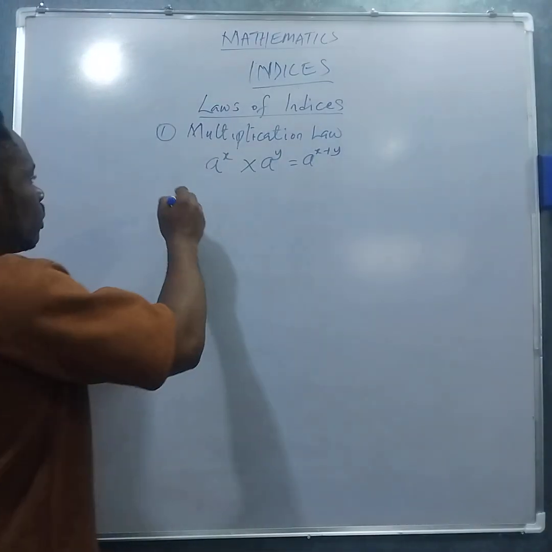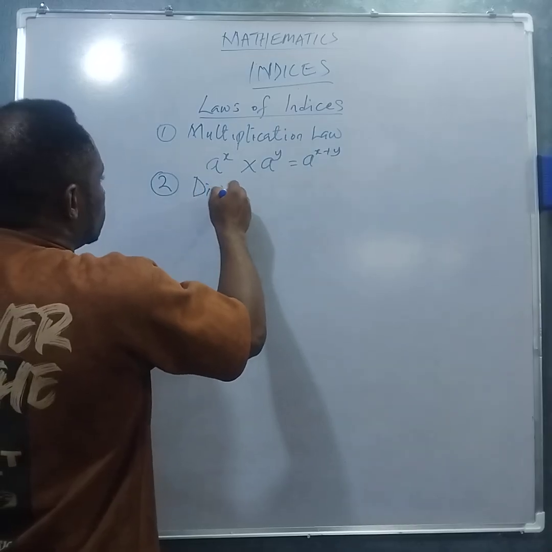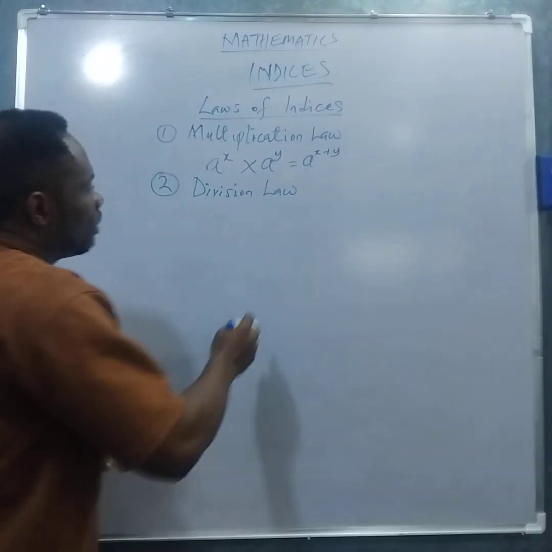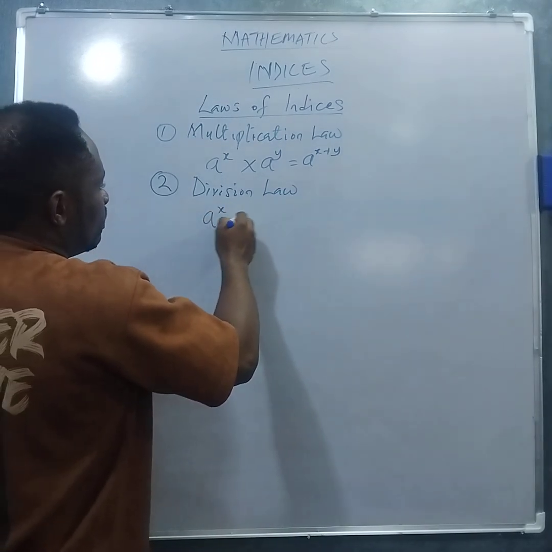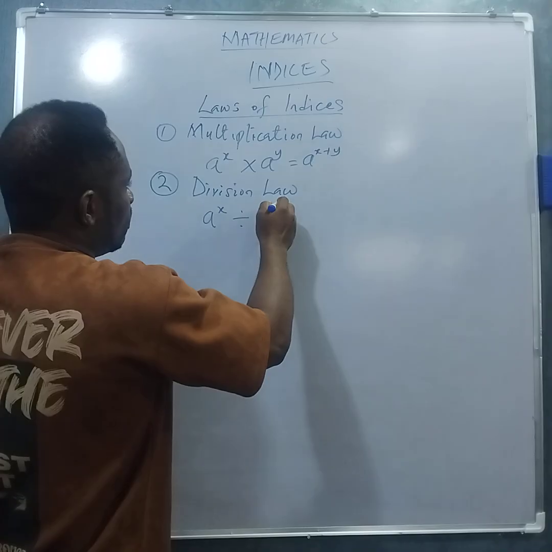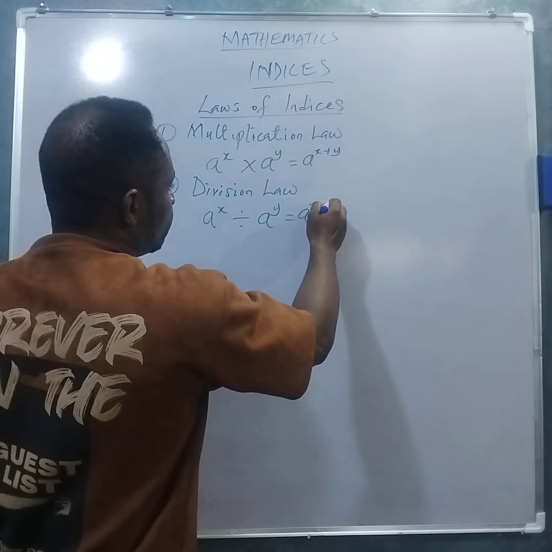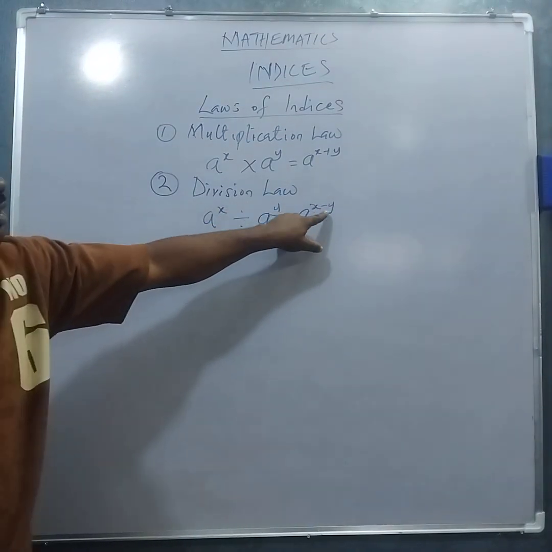The second one is the division law. It states that a raised to power x divided by a raised to power y is equal to a raised to power x minus y. Note this minus.